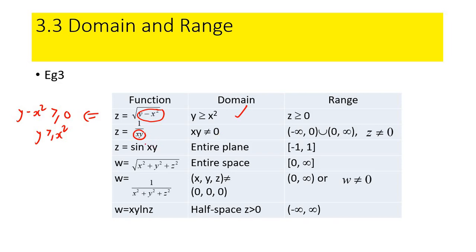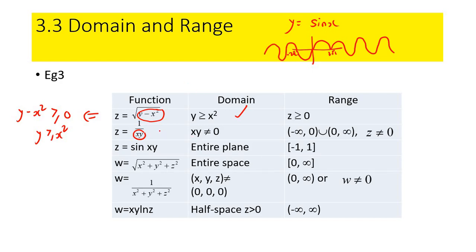Okay, for sin xy, look back at the graph of y equals sin x. We actually plot from negative 2π to positive 2π. But actually the graph is periodic. You can plot from negative infinity up to positive infinity because the graph repeats. For the negative side it's also the same thing.